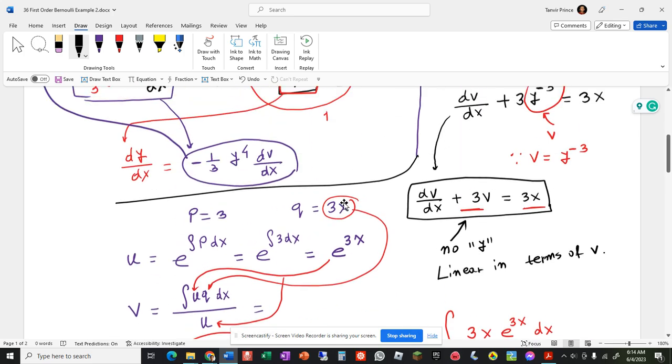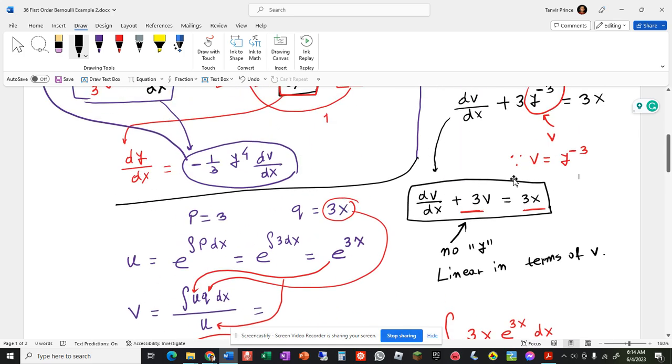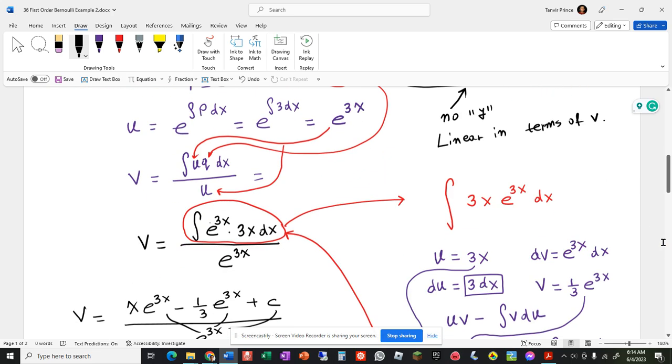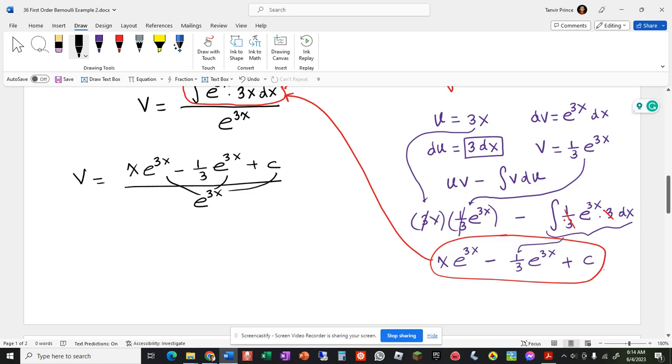So let's go back and check. My v is equal to y to the power negative 3. So let's do that. I'm going to replace v by y to the power negative 3 equal to, and I'm going to distribute them. So x e to the 3x, I'm going to show when I distribute.